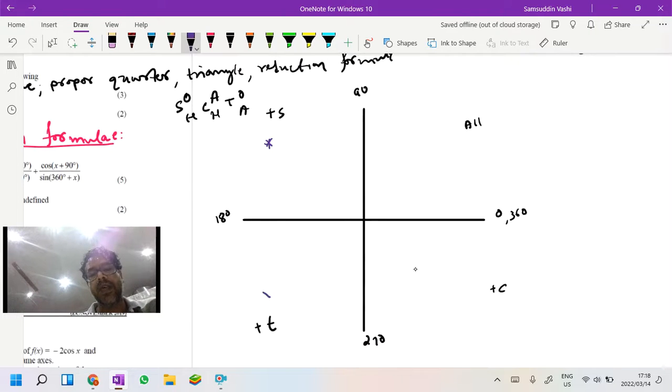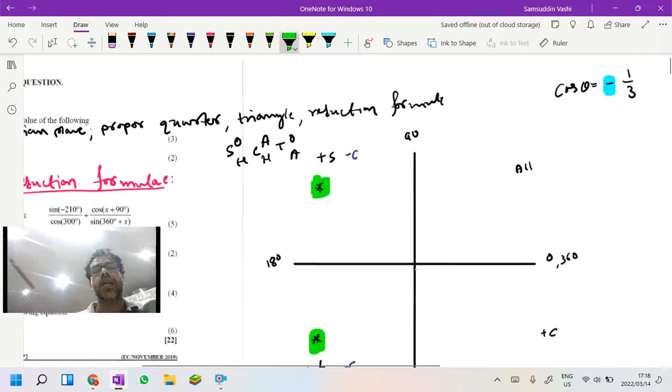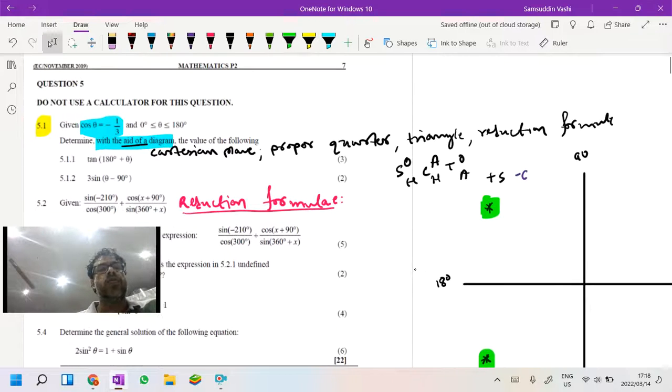It's going to be the second and third quarter, where in the second quarter sine is positive, cosine is negative, and in the third quarter tan is positive, cosine is negative. So out of those 2 quarters, one of them will be my correct answer. To choose the right one, we are going to read further.